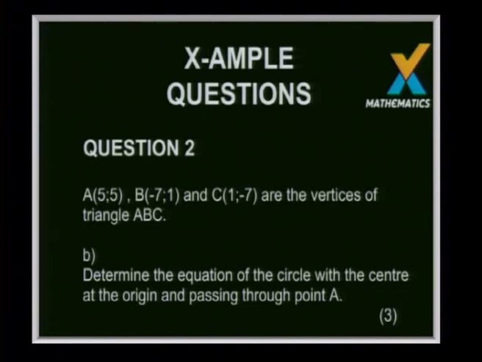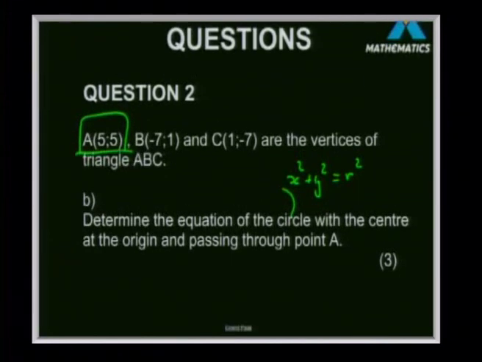Right, let's go on to part B. Determine the equation of the circle. Now remember, back on your formula sheet, equation of a circle, x squared plus y squared is equal to r squared. Circle, center at the origin, it says that, it's grade 11, and passing through point A. Right, we don't need to do a diagram, all we have to do is a calculation.